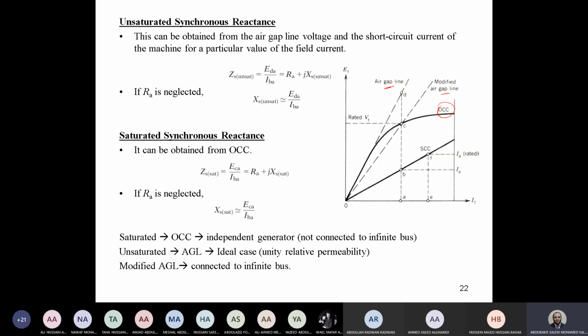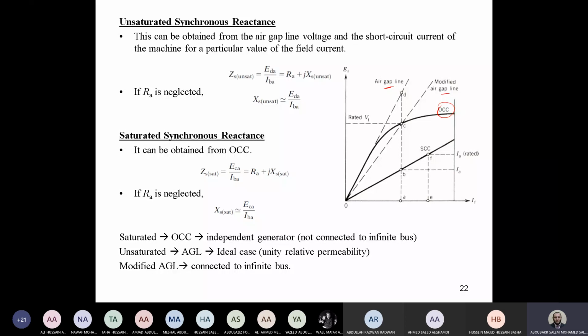The air gap line assumes that the magnetic core of the machine is ideal, which means there is no saturation. If there is no saturation, we can find the air gap line curve like that. How can we plot this curve? Just start from 0 and draw a tangent to the characteristic like that. This is called the air gap line.